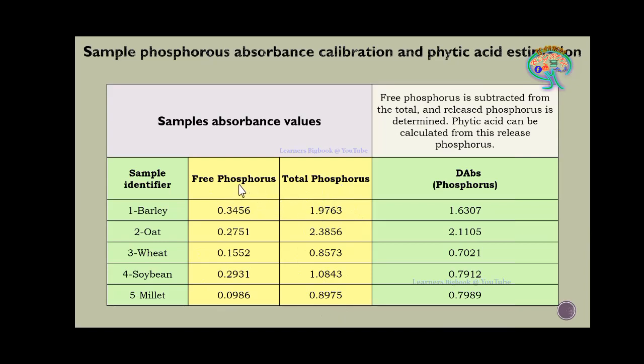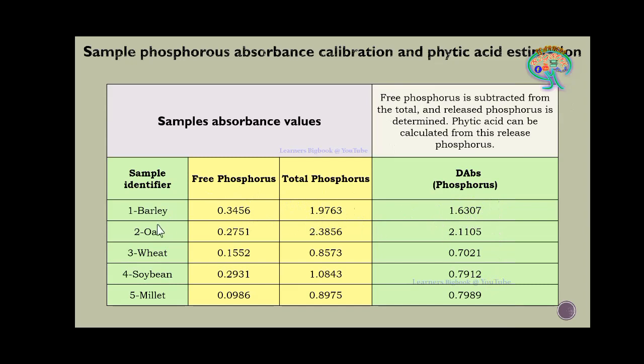So considering these two readings, we are going to subtract the free phosphorus from the total phosphorus. That is, we are going to determine the amount of the exact phosphorus which is associated with the phytic acid. So this total phosphorus will be subtracted by free phosphorus.